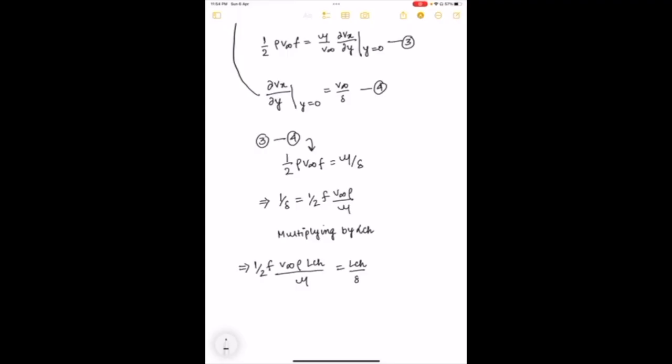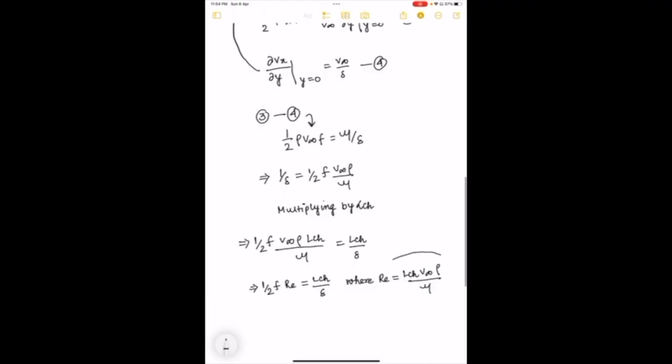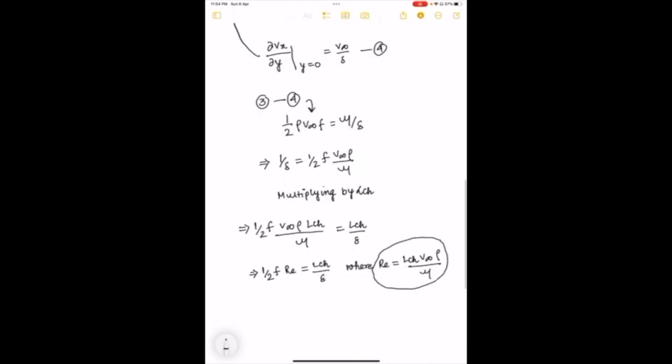So from here we can write half f into RE equals LCH upon delta, where RE equals LCH V infinite into rho by mu, and this RE is our Reynolds number. This is the physical interpretation of friction factor. I hope you have understood this well.